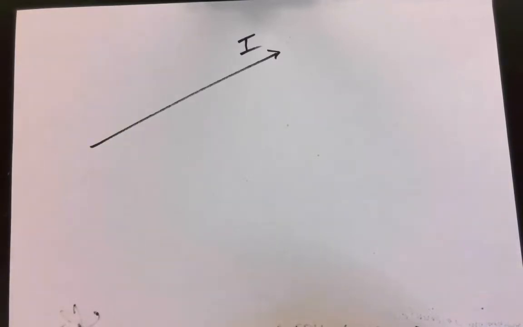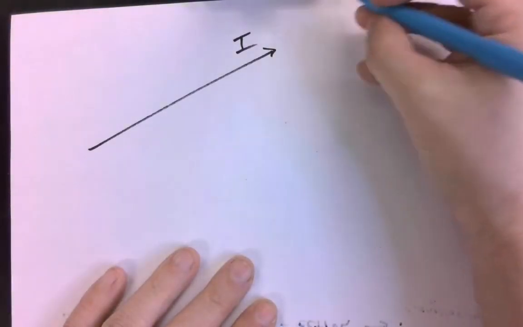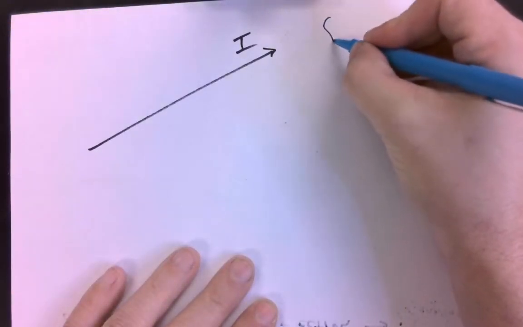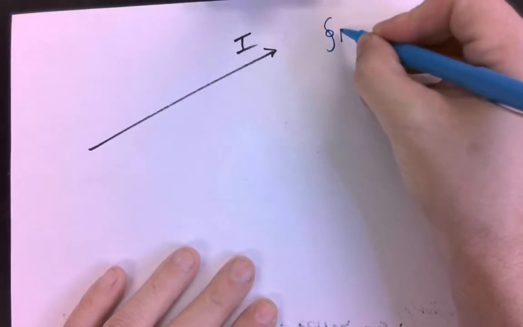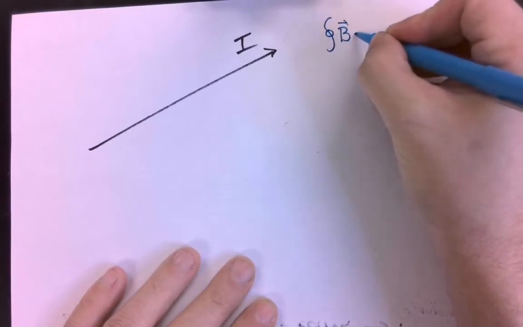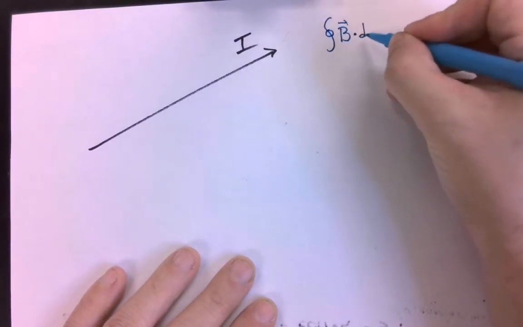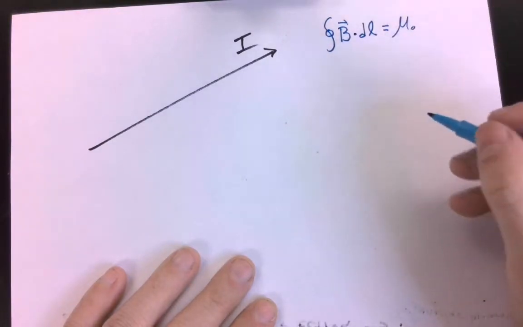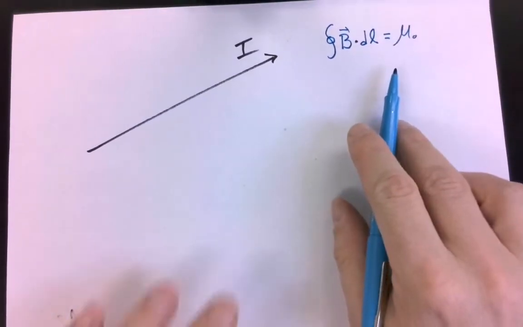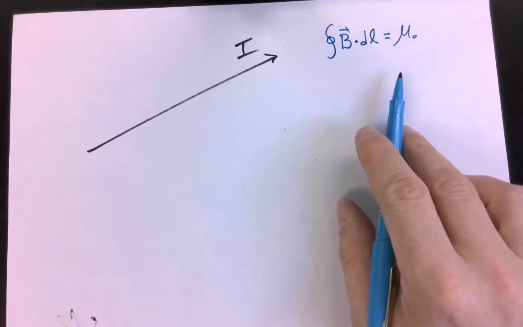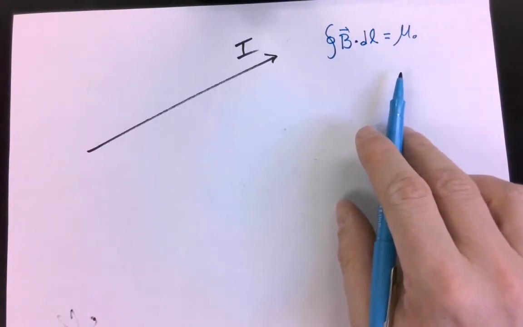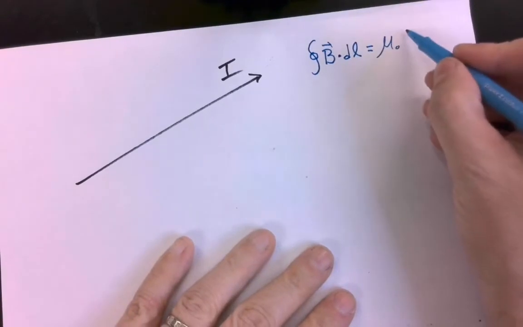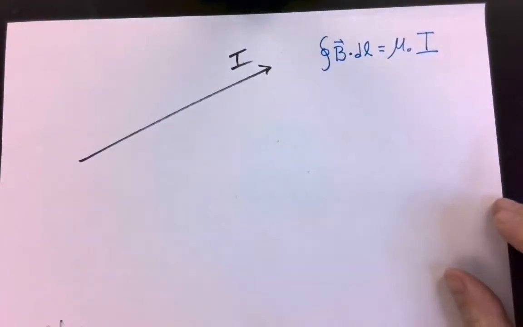And Ampere's Law says that, well, I'll just write it out for you, that the magnetic field integrated around a loop is equal to mu zero, which is the magnetic cousin to epsilon zero, the magnetic permeability of free space, times the current.